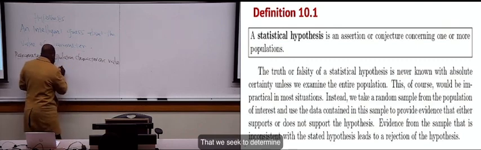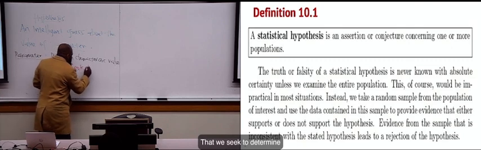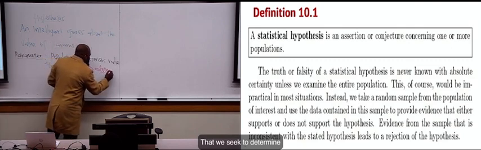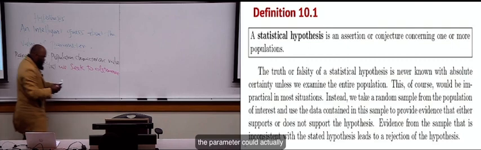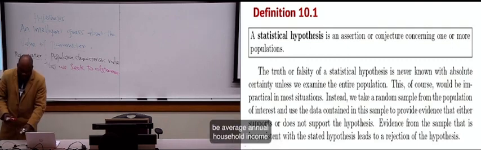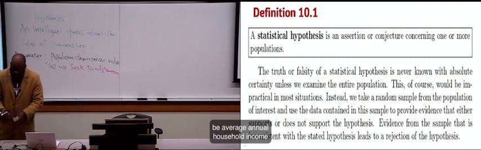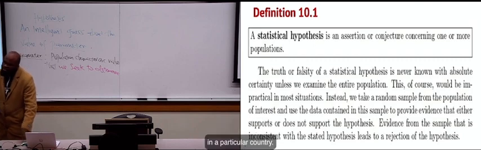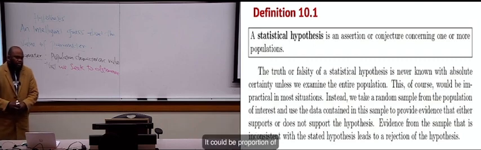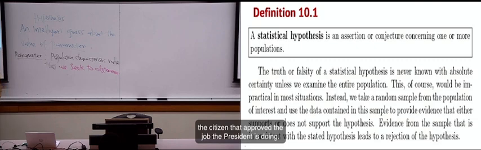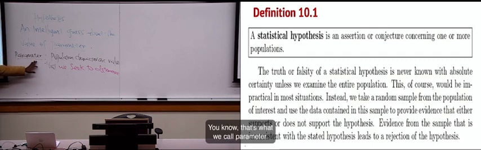The parameter could be the average annual household income in a particular country. It could be the proportion of the citizens that approve the job the president is doing. It could be mean, variance, proportion, rate, and all like that. That's what we call a parameter.